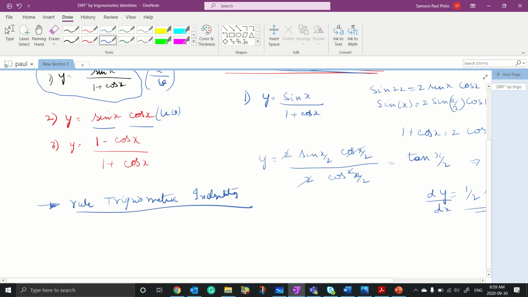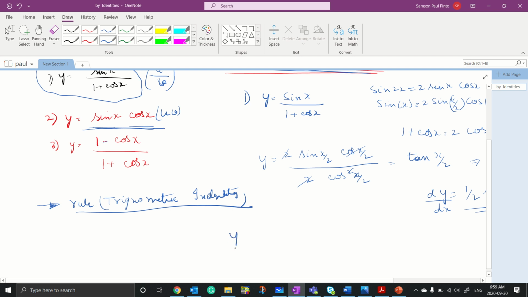You have to use some form of trigonometric identity to try to reduce it. If it is not reducible, only then you look for alternative methods. Now let us look at this problem.